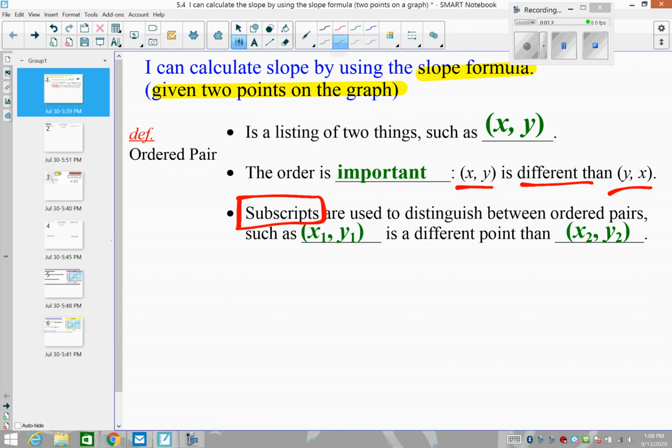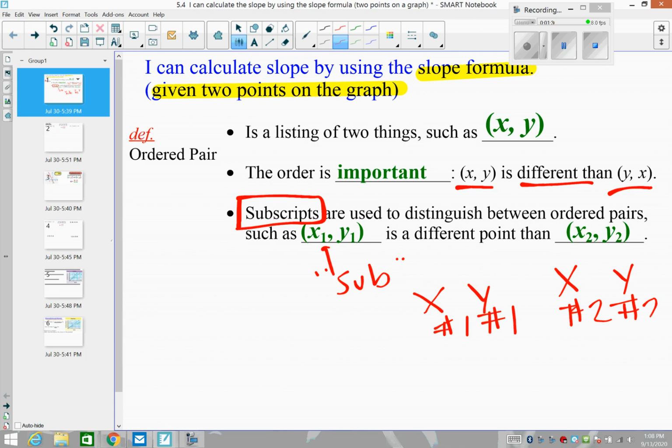Now this is not an exponent. You'll notice it's sub, meaning it's below. It's just a description. That basically is x number 1, y number 1, x number 2, y number 2.